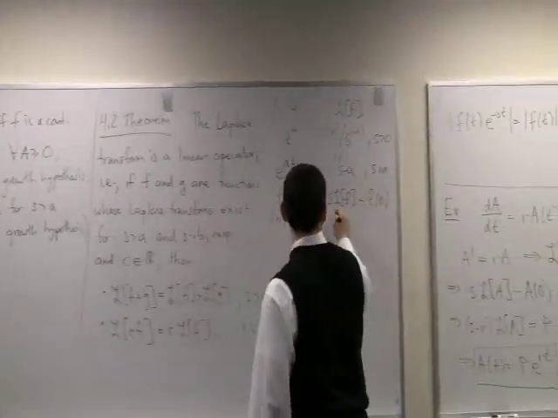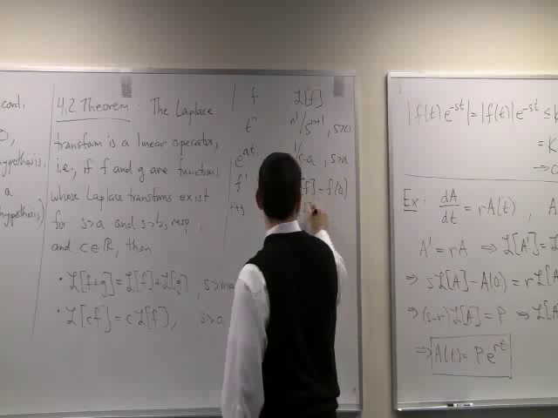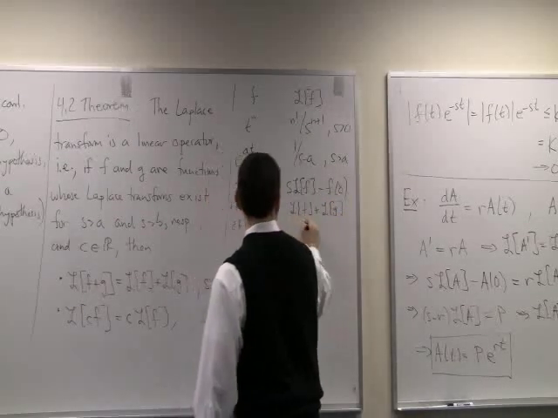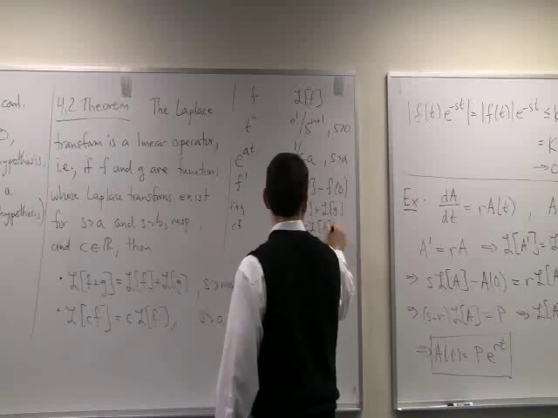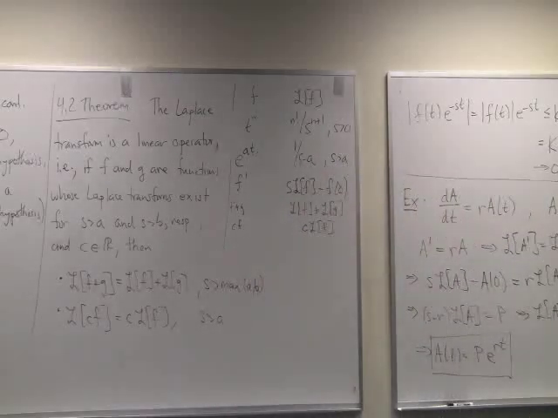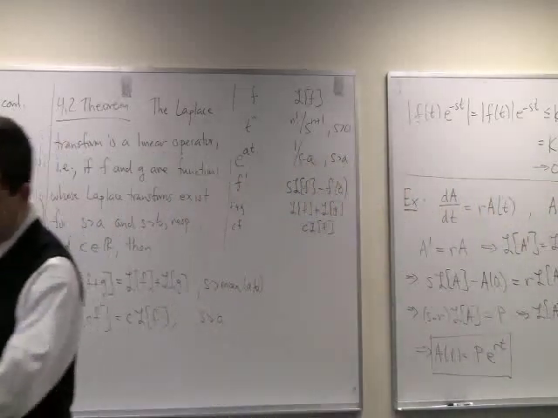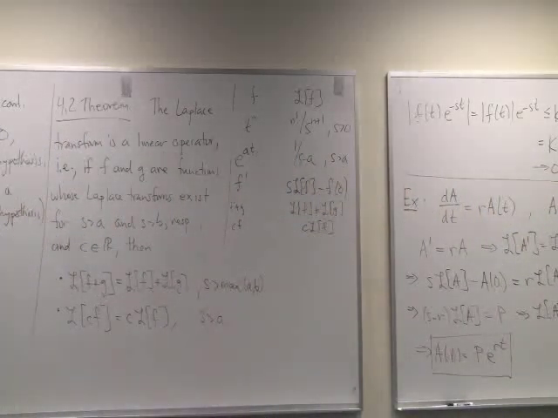F plus G goes to LF plus LG. CF goes to CL of F. Okay, so this will have some hypotheses, and you'll see as we read off the hypotheses, they're basically just meant to mimic what we did in 4.1.